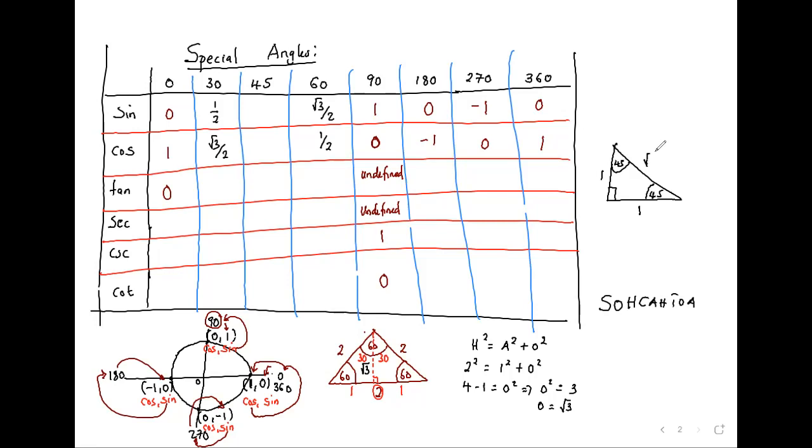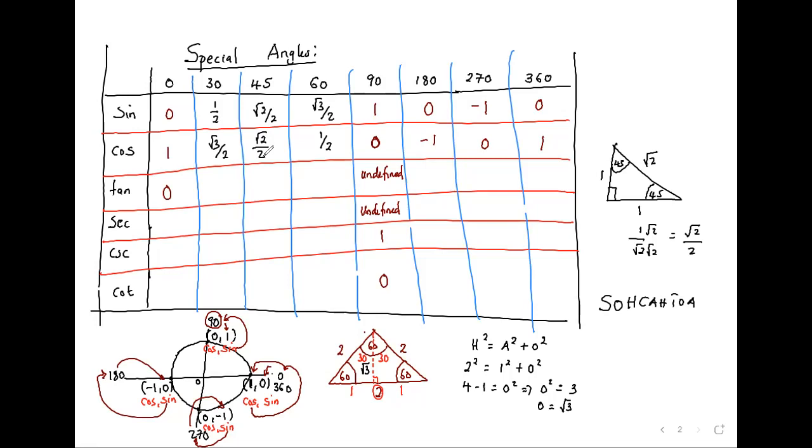And then the root of 2 becomes the hypotenuse. So now we want to talk about sine 45, it will be 1 over the root of 2. And then if we rationalize, we're going to get the root of 2 over 2, which is the same value even here.